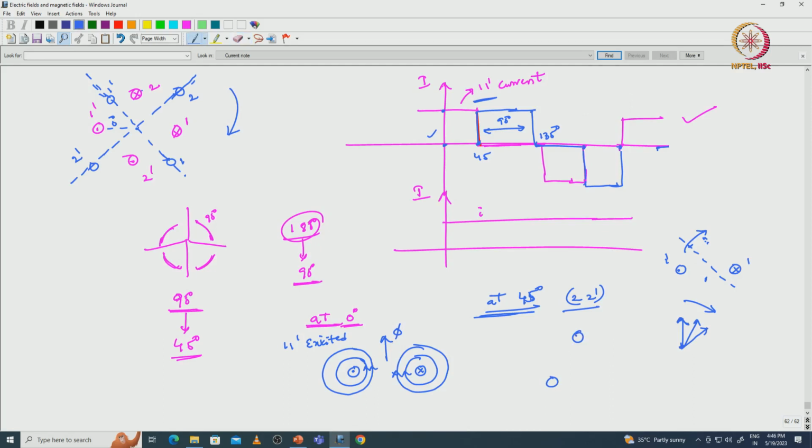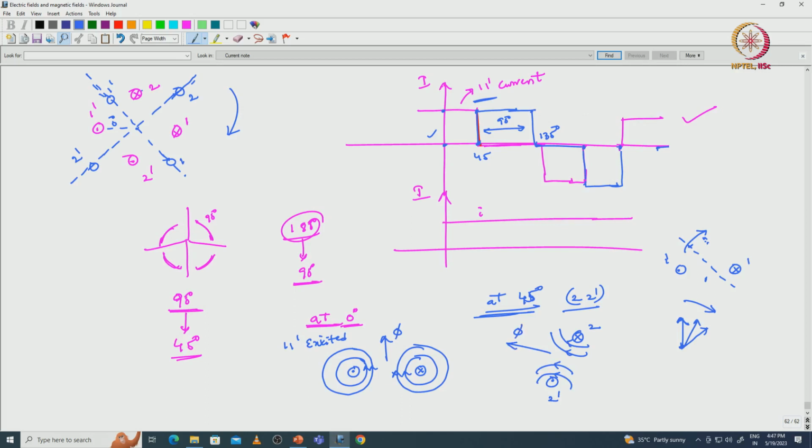So, here this side positive current we are giving, right, at 45 degrees. So, this side cross and this side dot. So, with respect to the cross we will see the magnetic fields in a clockwise direction, with respect to the dot in an anti-clockwise direction. The resultant flux is in this direction now. Okay.